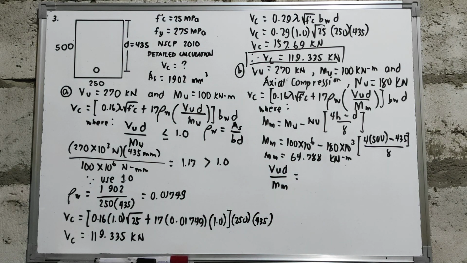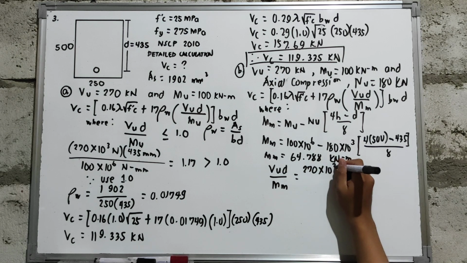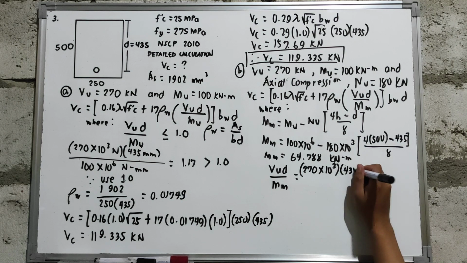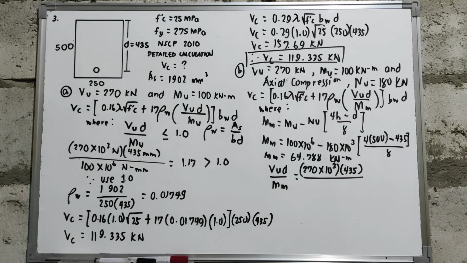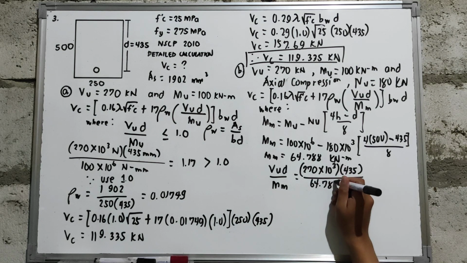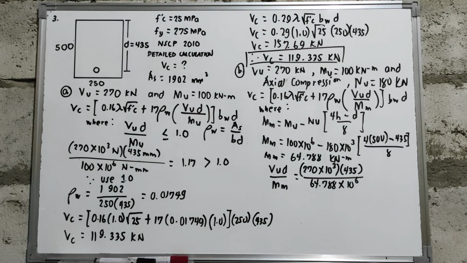And after that, we are going to solve for the value of this ratio. So you have the value of your VU which is equal to 270 kilonewton. So ito times 10 raised to 3 natin para maging Newton. Yung D naman natin or the effective depth, that is 435 mm. And your modified moment, that is 64.788 times 10 raised to 6 para maging Newton mm.